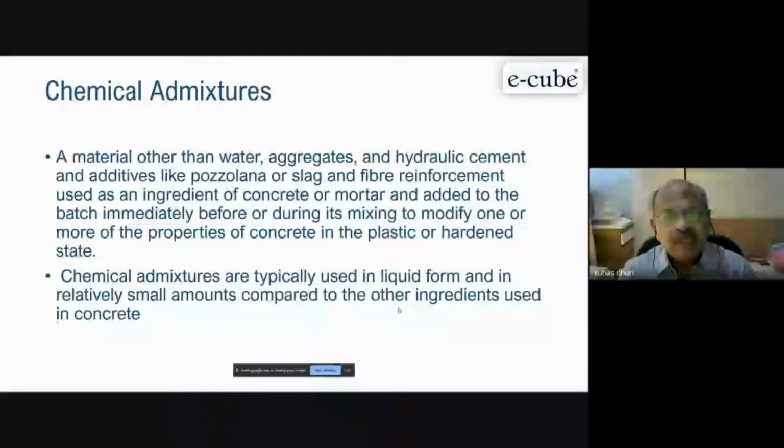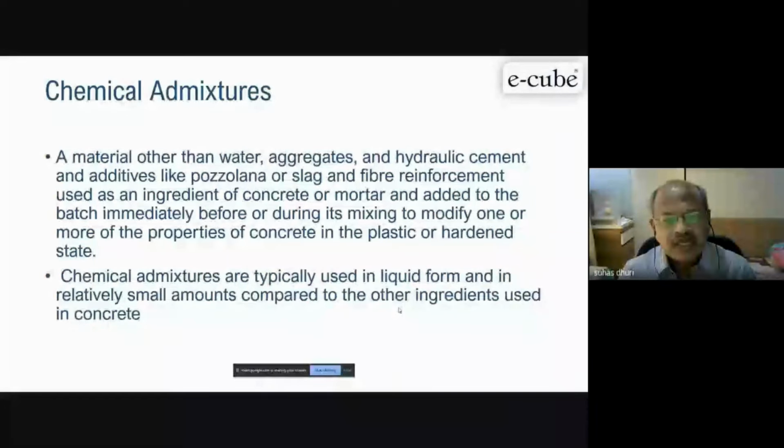So chemical admixture is a material other than water, aggregate and hydraulic cement, as well as additives like pozzolana, slag, fiber, fly ash, those materials that we use as ingredients in concrete or mortar.